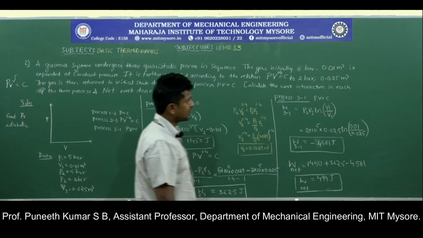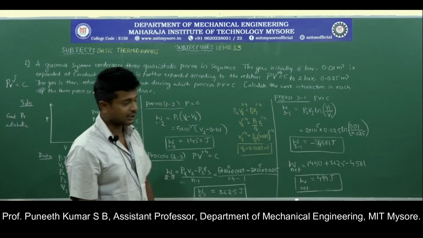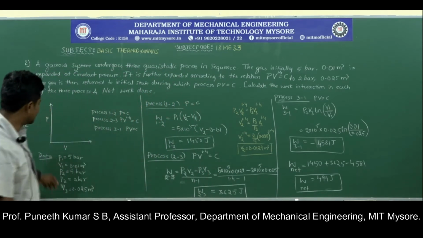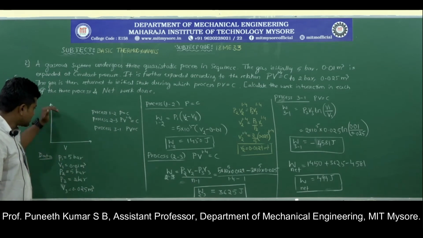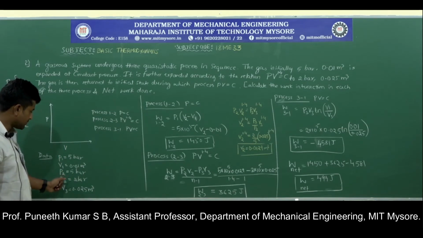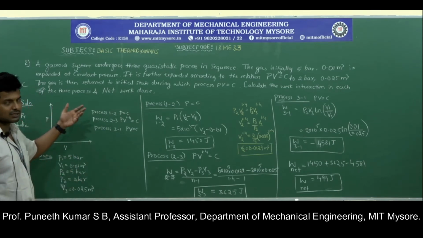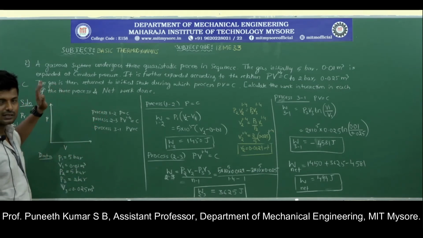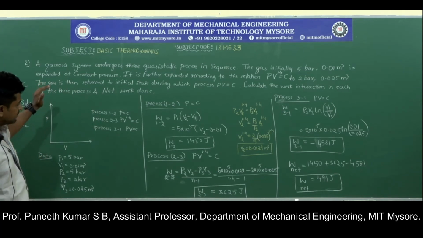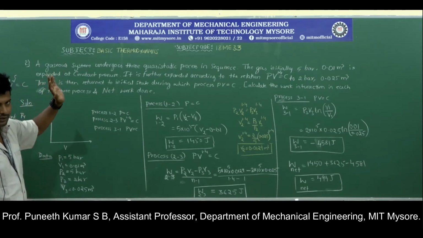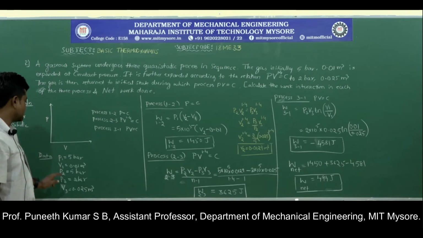Obviously, once the expansion takes place, the pressure reduces. So the first process's last point is P2, and the second process will end up at a pressure of 2 bar. The first process is anyhow constant pressure, that is, the pressure will be the same at the initial point and final point, and the second process final point will be 2 bar.